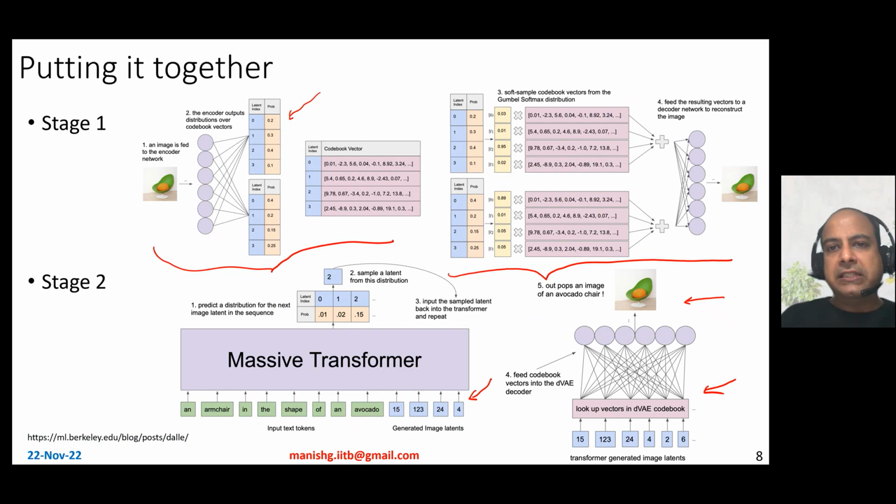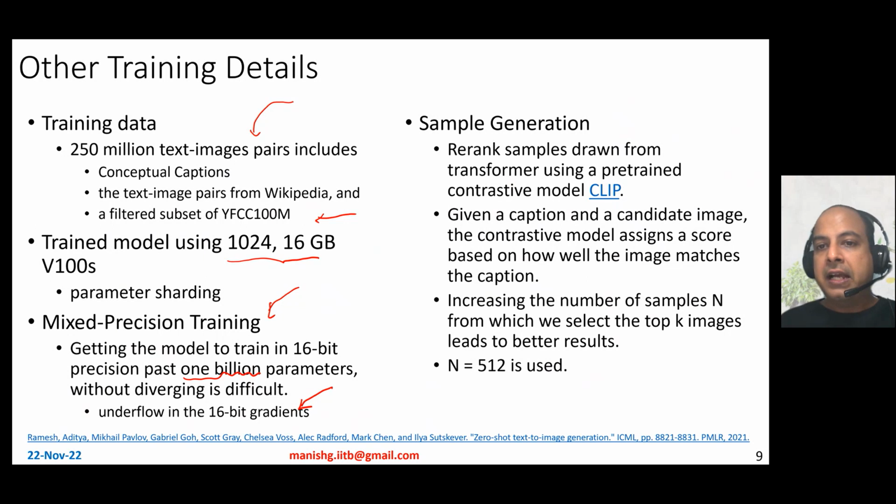DALL-E does not depend on just these two stages to come up with the final output. In fact, several candidates are generated by DALL-E, and these candidates are re-ranked using a pre-trained contrastive CLIP model. This pre-trained contrastive CLIP model takes a caption and a candidate image from DALL-E and assigns a score based on how well the image matches the caption.